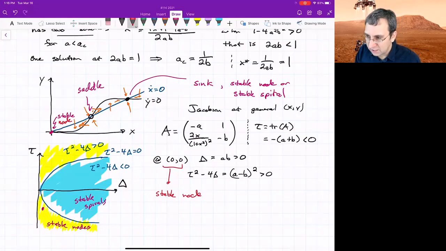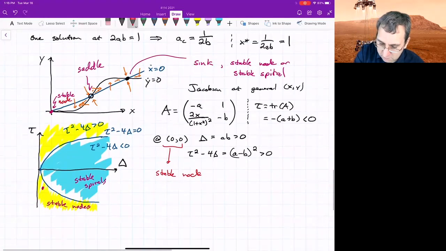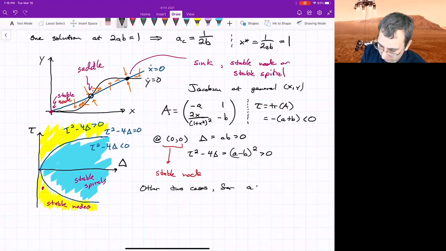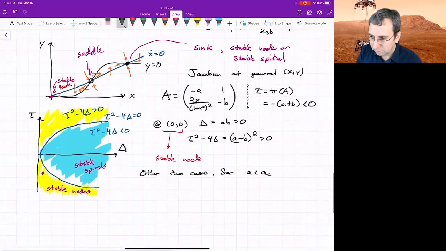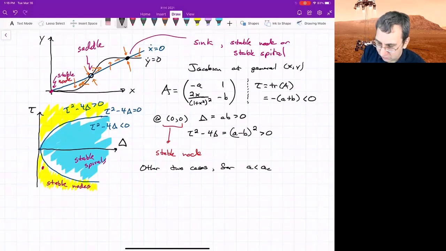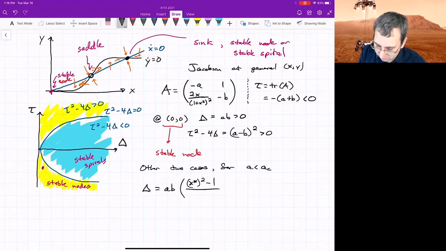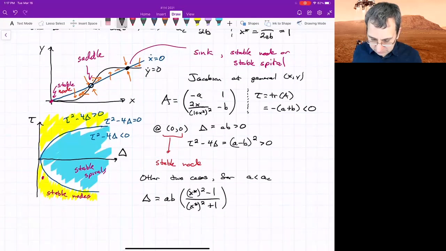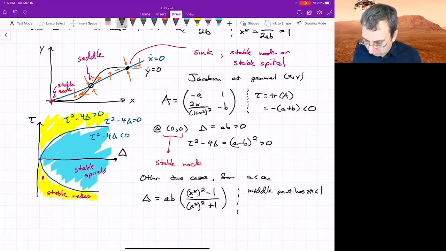What about the other two cases? Well, for the other two cases, remember we're thinking a less than that critical value. You could work out that delta is ab times (x star squared minus 1) over (x star squared plus 1). The middle point has x star less than 1.